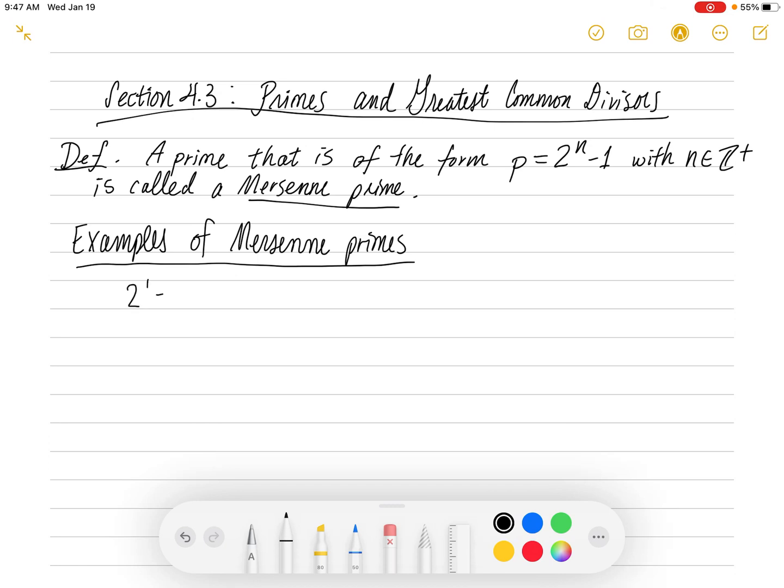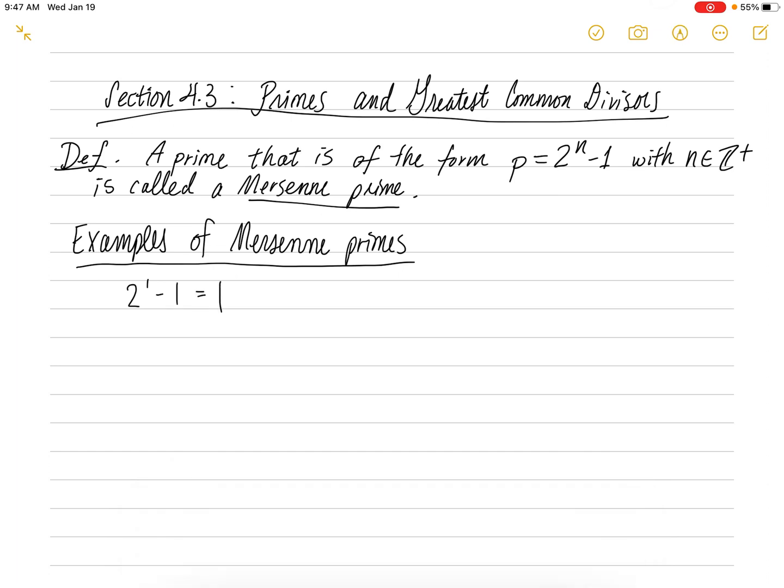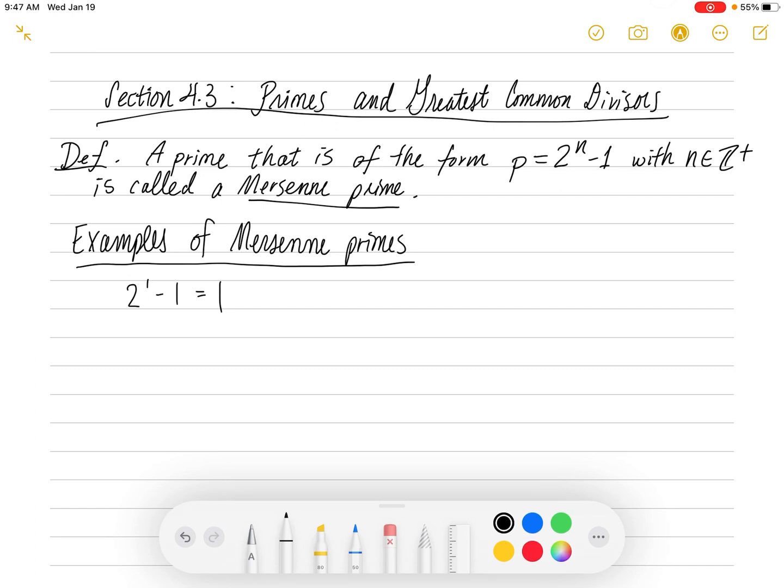If I had 2 to the 1 minus 1, that would just give me 1. That's not a Mersenne prime, because 1 is not even a prime number. What if I had 2 to the 2 minus 1? That'd be 4 minus 1, that'd be 3.